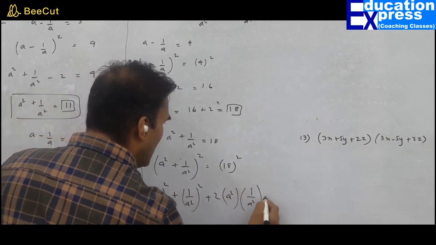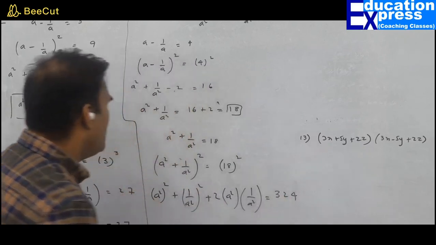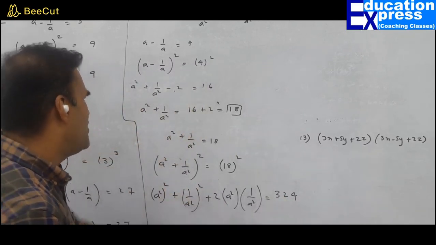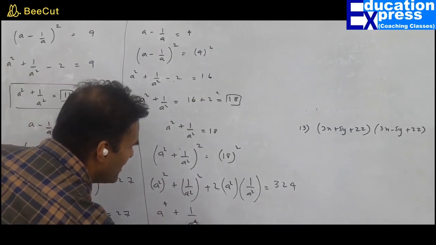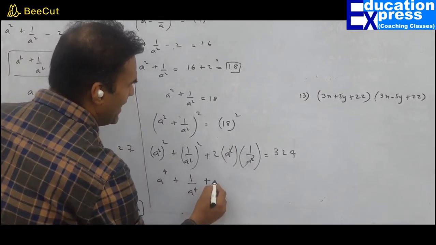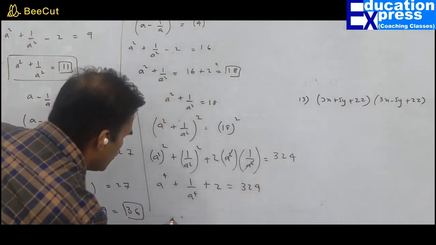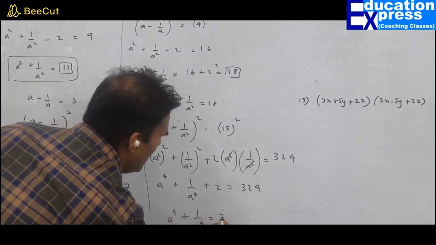I hope you remember the identity that we applied in the very first exercise. I could have directly written a raised to 4 plus 1 upon a raised to 4 plus 2, but just to make you understand how it works, I have elaborated. This 2 will get cancelled, finally we get 2, that is 324. So a raised to 4 plus 1 upon a raised to 4 will be 322.